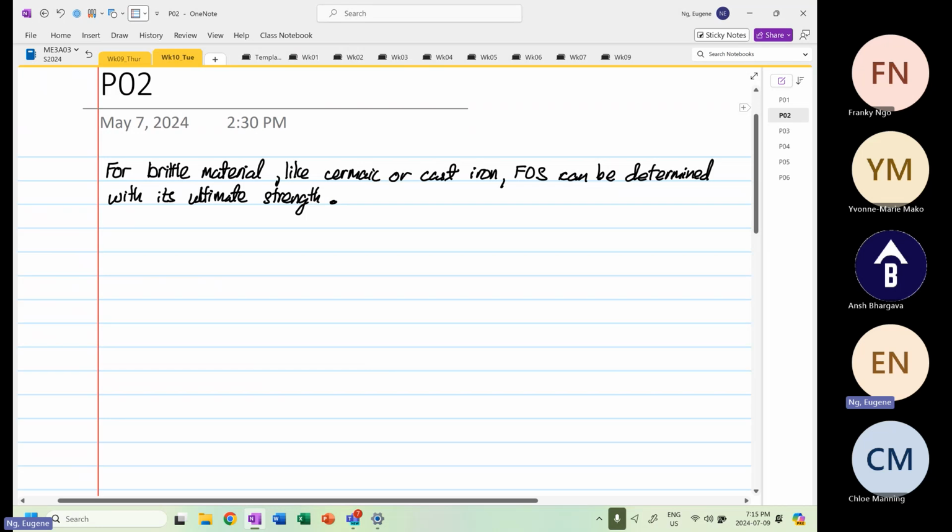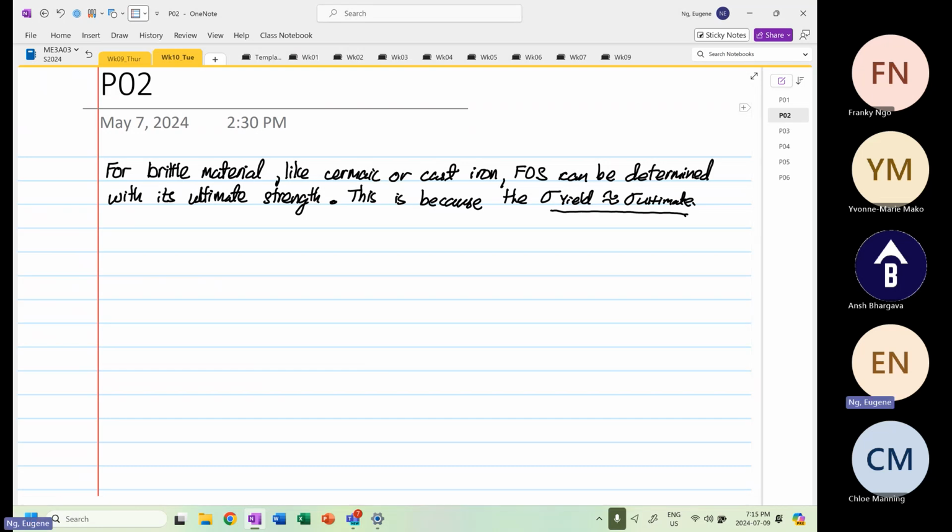This is because the yield stress is approximately equal to the ultimate stress. If your yield strength is very similar to the ultimate strength, you can use the ultimate strength.